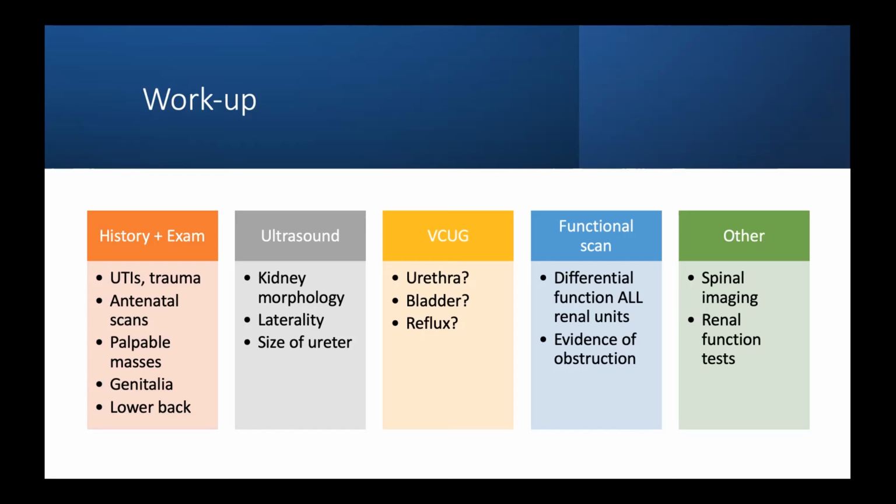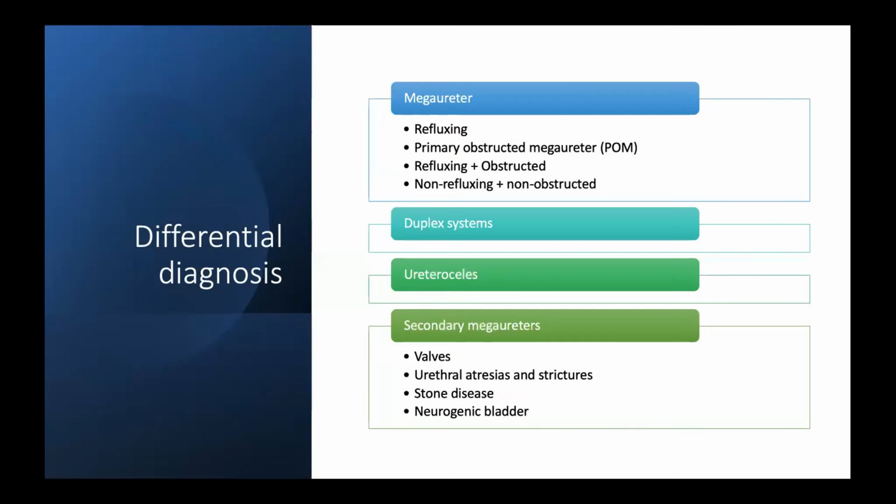Briefly, you will seek other imaging if you're concerned about a spinal lesion, and also in patients where you have any reason to suspect that they will have renal dysfunction. That's actually the vast majority of the patients, but you don't want to miss a patient who is already having renal disease as a result of their ureteric abnormality.